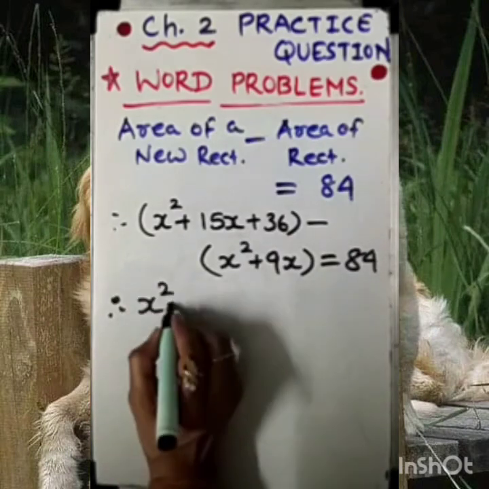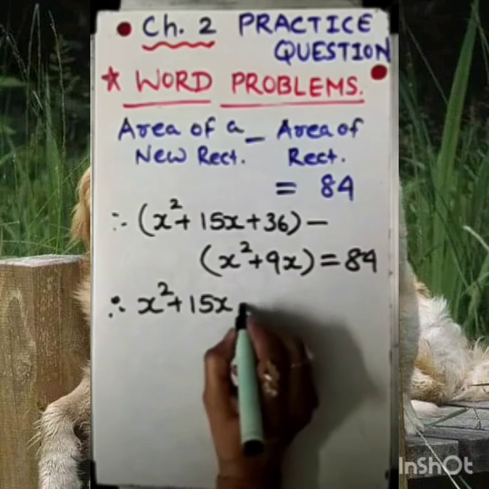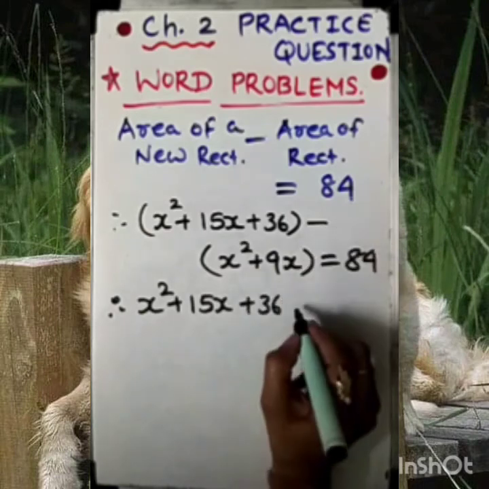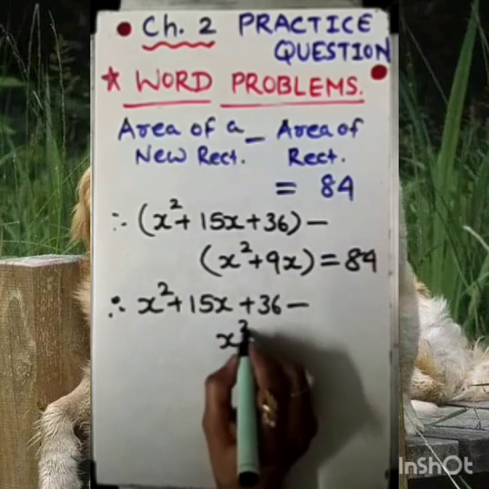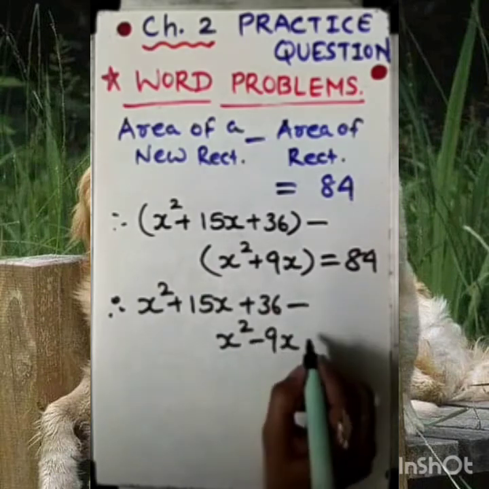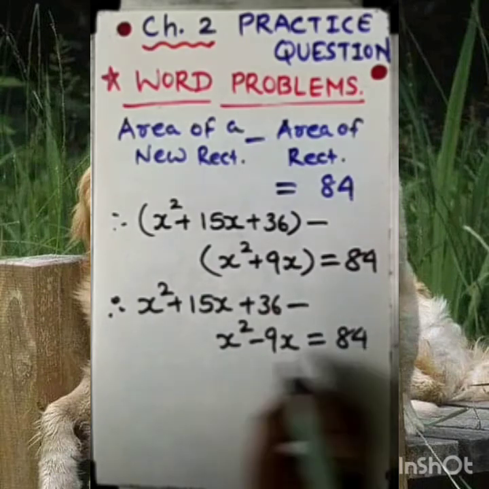Let's open the bracket. Because of this minus sign, we need to change the sign. The plus 9x will be minus 9x, and this is 84.